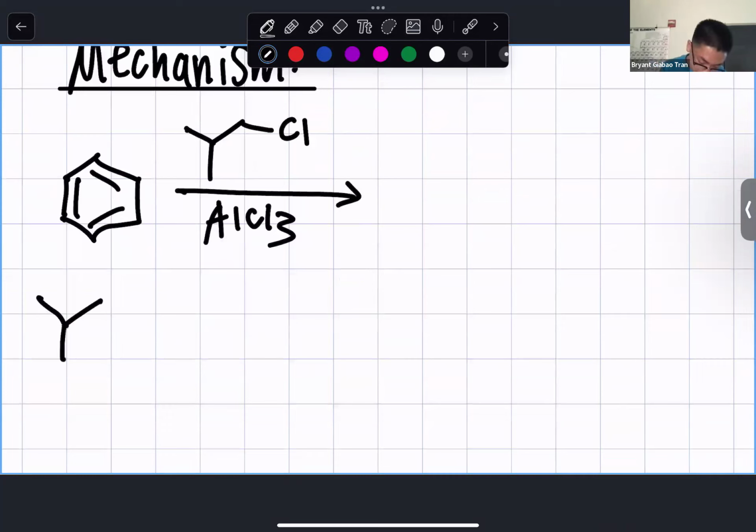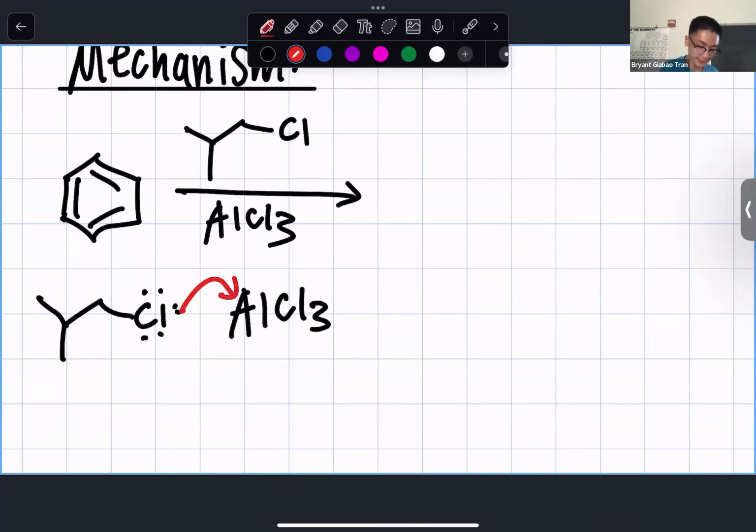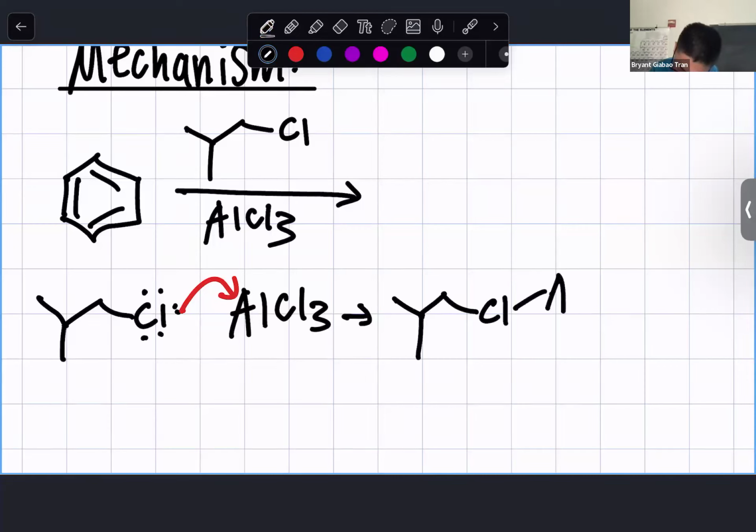That R group with the halogen is going to attack the metal catalyst. Think about it like the chlorination reaction where the halogen attacks the metal and gives us this intermediate here, where we know there's a positive charge on that chlorine because that chlorine has 2 bonds. And there's going to be a negative charge on that aluminum because that aluminum has 4 bonds. Think of this here as a good leaving group.